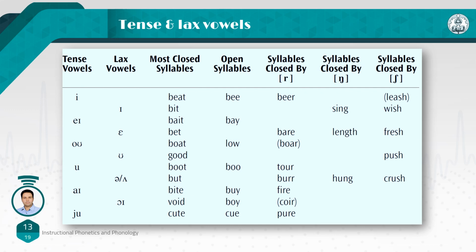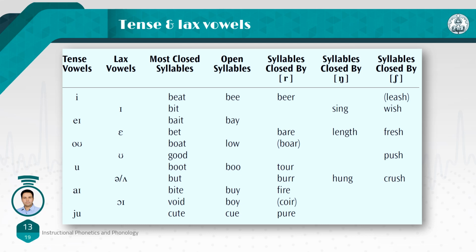If you pay attention to this table, you can see that we have tense vowels, lax vowels, most closed syllables, open syllables, syllables closed by r, syllables closed by ng, and syllables closed by sh. The difference between the two sets can be discussed in terms of the different kinds of syllables in which they occur. This table shows some of the restrictions for one form of American English.